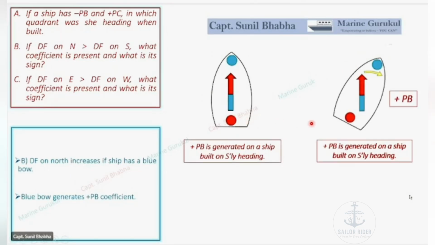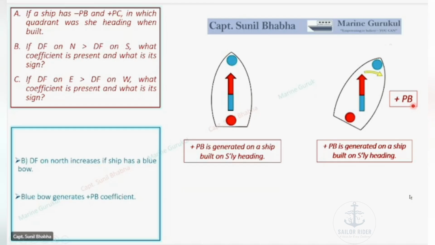The same ship is now taken on a northeasterly heading, somewhere between north and northeast. The blue bow is going to attract the red pole of the compass towards it, generating an easterly deviation, telling us that it is a positive permanent B coefficient.